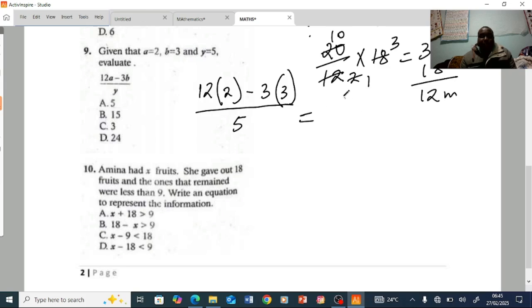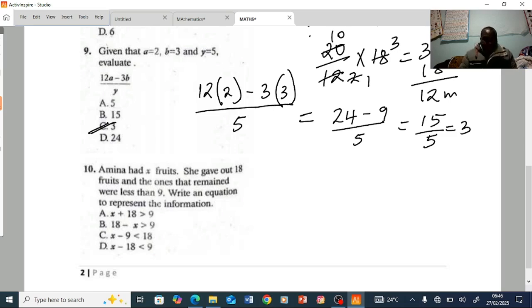This is the same as 24 minus 9 divided by 5. 24 minus 9 is 15, divided by 5. And the answer is 3.